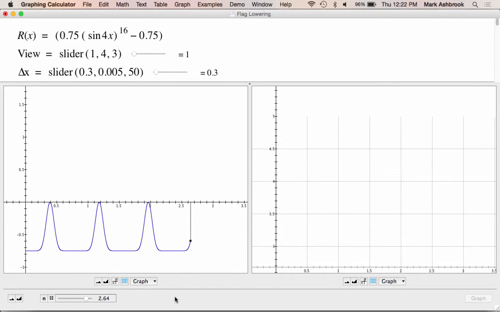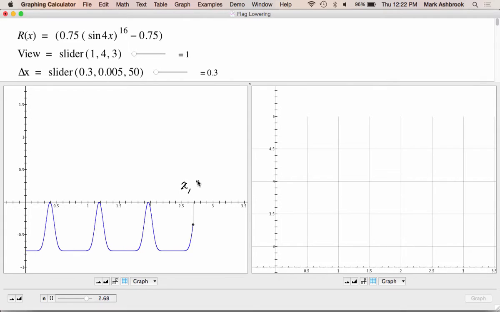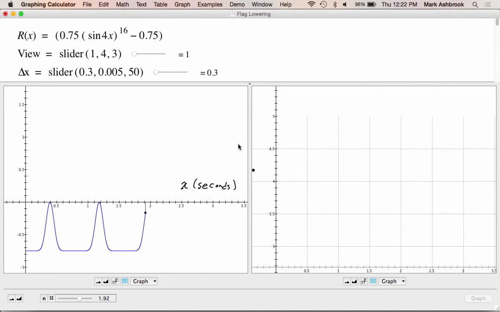What was our variable x in this case? Remember? So we can refresh here. x was time in seconds since the flag was at the top of the pole.